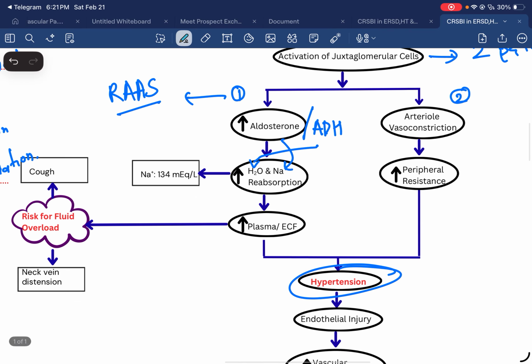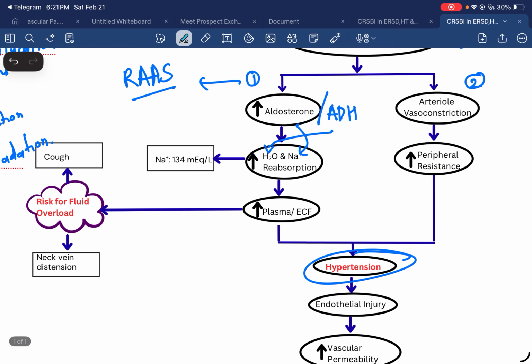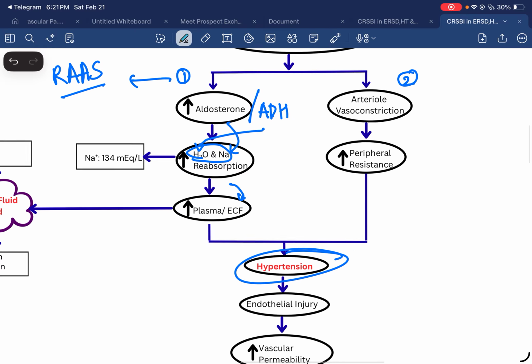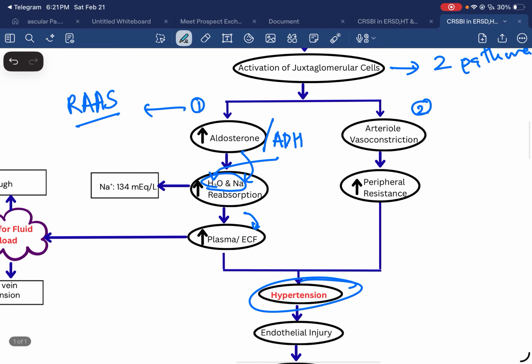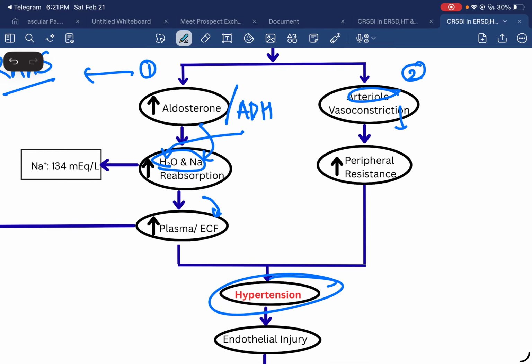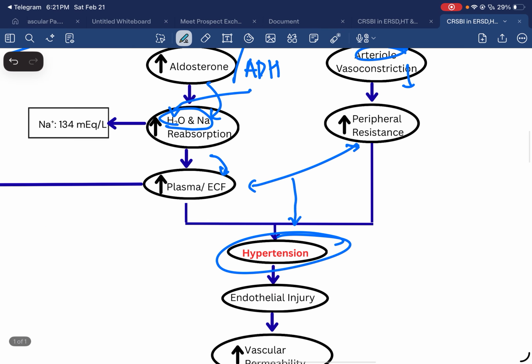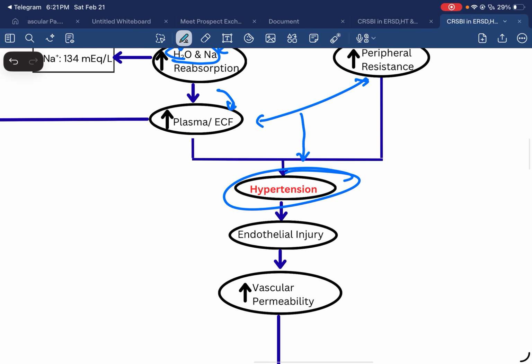And when there is increase in reabsorption of both water and sodium, there is increase in plasma or extracellular fluid. And the other pathway is activation of JG cells leading to arterial constriction. When there is constriction, there is increase in peripheral resistance. So these two pathways lead to our diagnosis for this patient, hypertension.